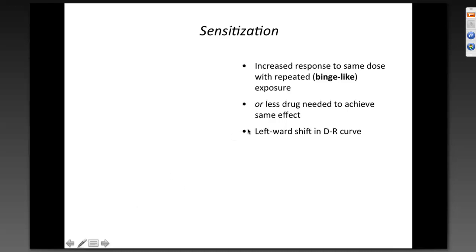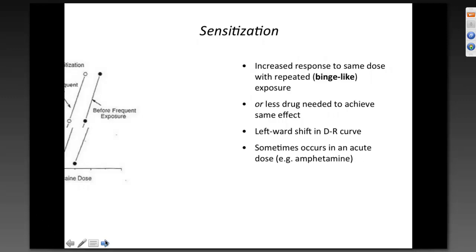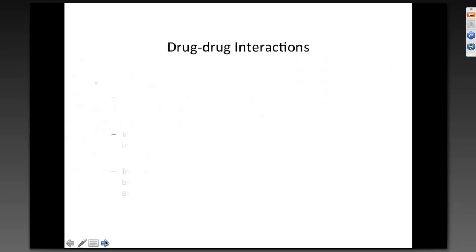So with less is left, it's less drug is the point. Less drug is needed, and that's a leftward shift in the dose response curve, which is the way Vincent is memorizing sensitization. Okay? All right, guys, thanks for those.